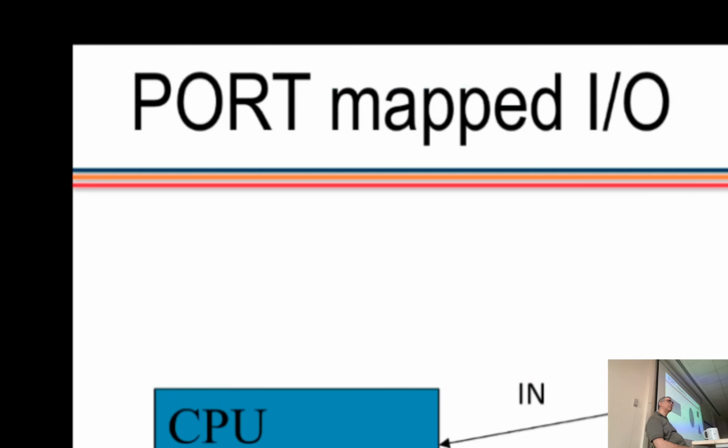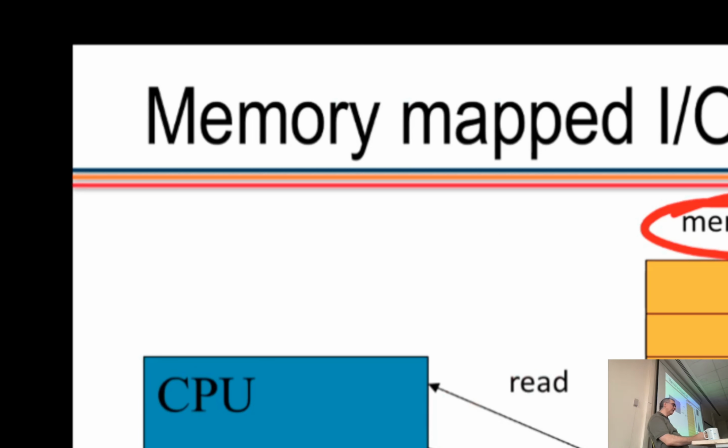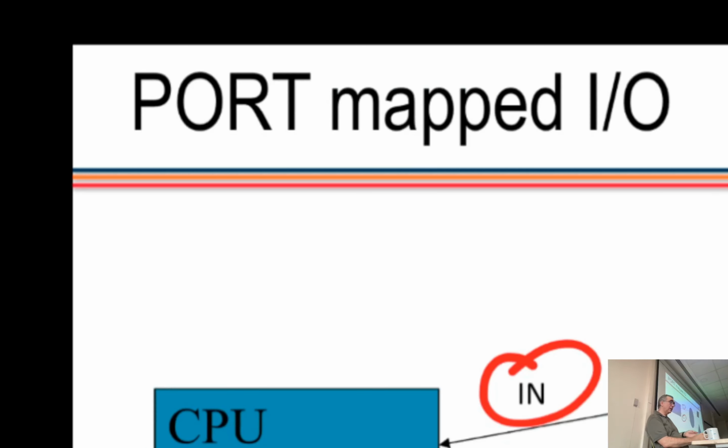In the port-based communication, you have in and out instructions, special instructions with operands. You only have to use those instructions, whereas here we have load and store, just like we are doing with the memory read and write. We are using the same instructions. Here you need different instructions.